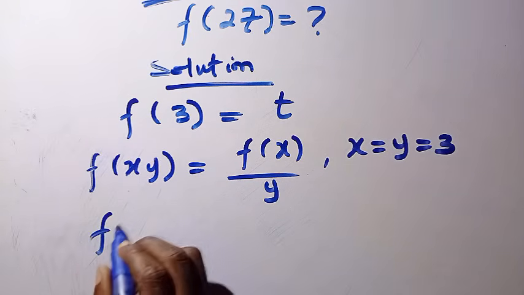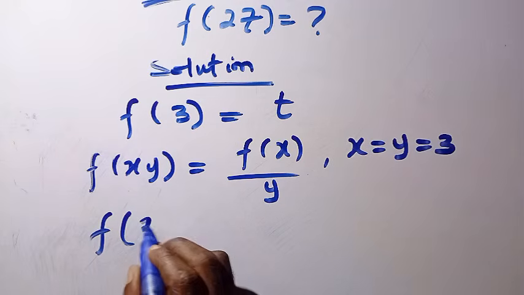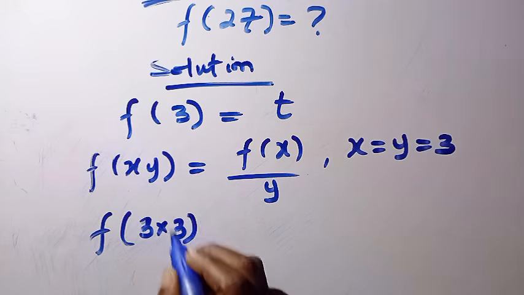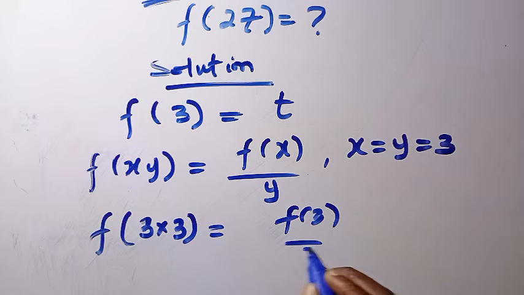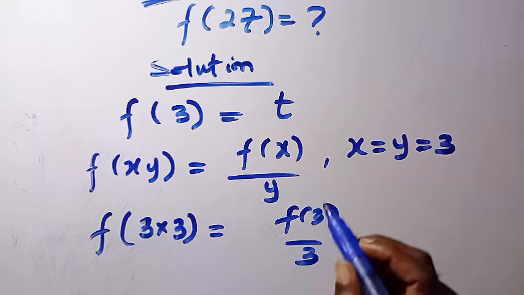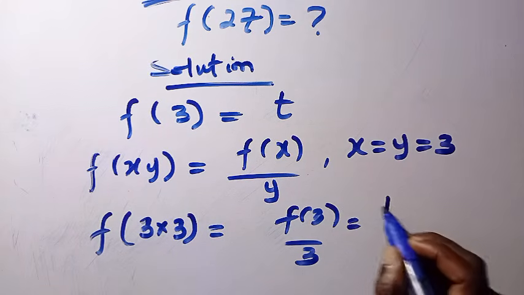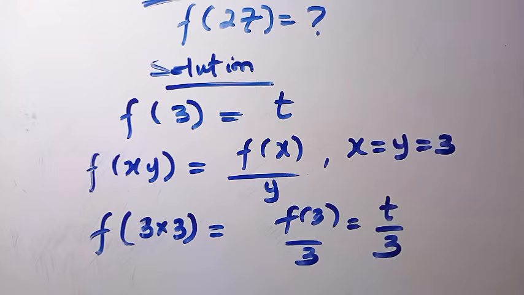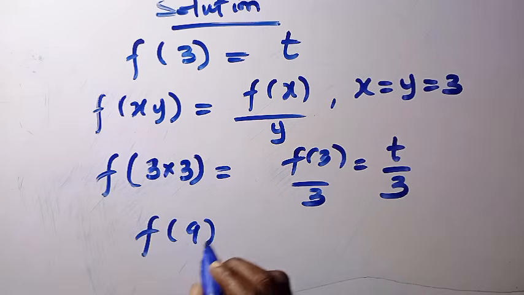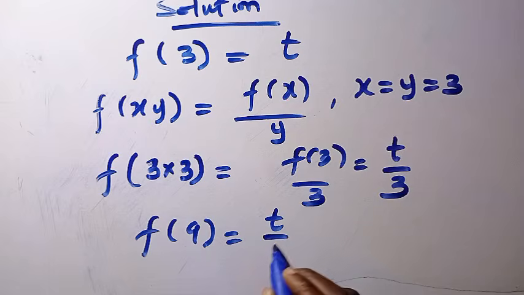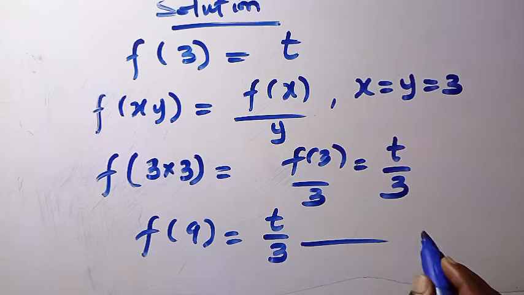So we have f of 3 multiplied by 3, since it is a product, equals f of 3 divided by 3. But f of 3 here is given as t, so t over 3. So we have f of 9 equals t divided by 3. Let's call this equation 1.